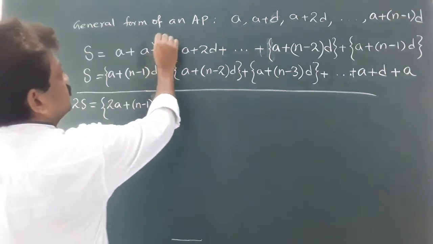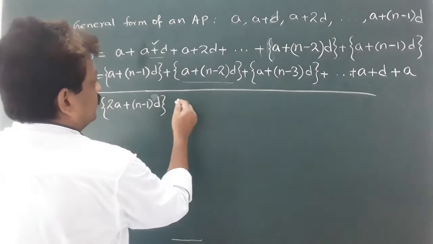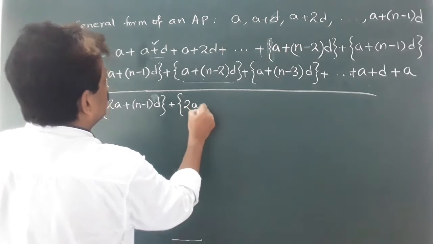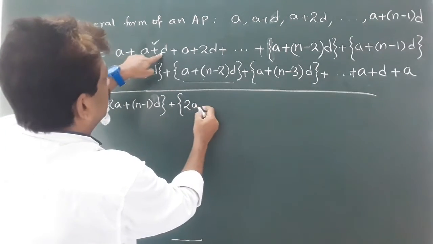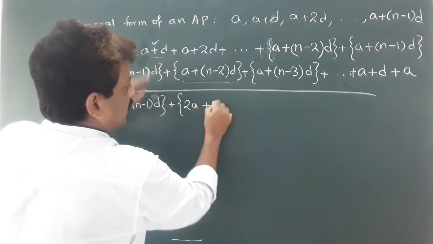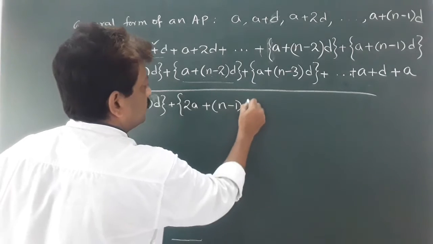Similarly, the second term here and the second term here, when these two are added, we will get a plus a is 2a, and here n minus 2 d plus d, so it will become n minus 2 plus 1, that is n minus 1 d.